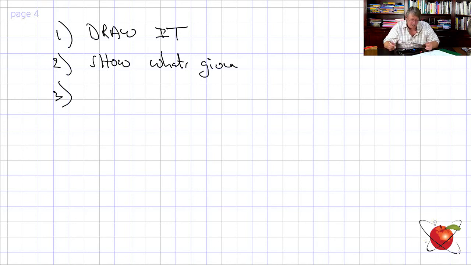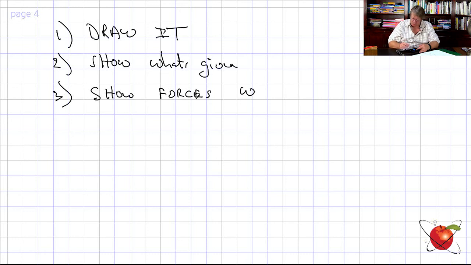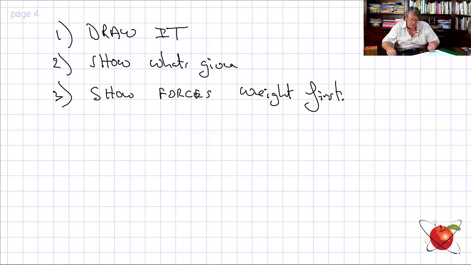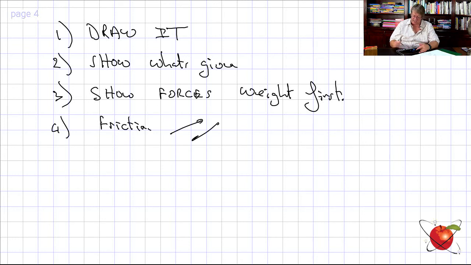Step 3: put in the forces. Remember, weight first. Put that in first. Then look at friction. Is it acting up or down the slope? Depends on which way the body is moving.